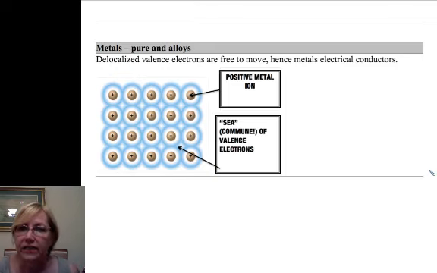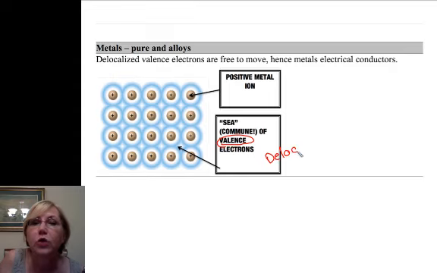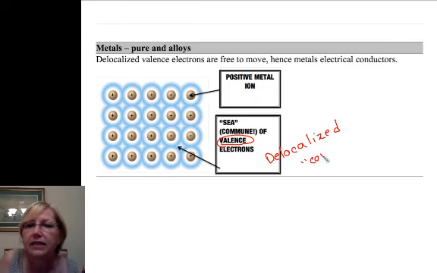Metals, that sea of electrons is critical here. Remember, we have positive ions and we have the valence electrons. Again, we can use that delocalized. It's something of a covalent effect because all of these valence electrons are shared within this ongoing network of metallic bonding.